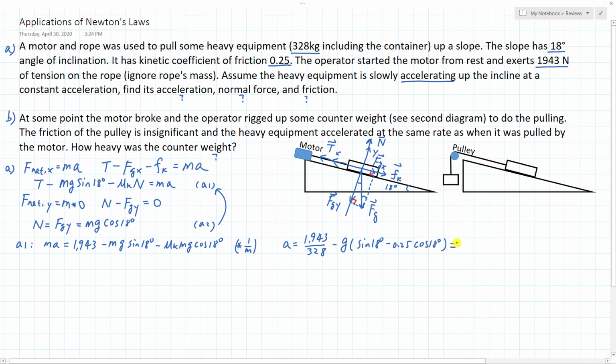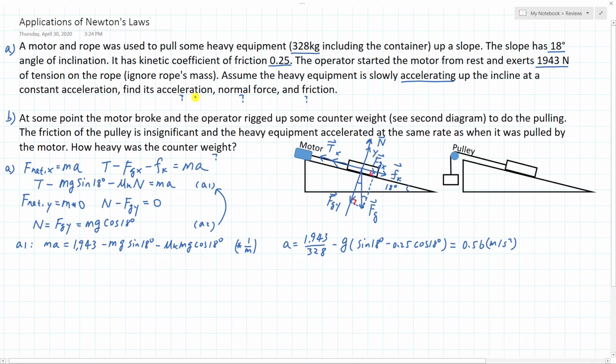So use your calculator. Now you can find the acceleration, and this overall value is 0.56, I kept 2 digits, meters per second squared. As we get to the final answers, we want to quote the units. Okay, so that is finding the acceleration.